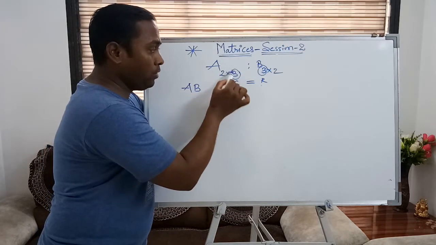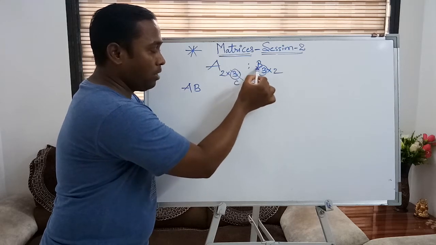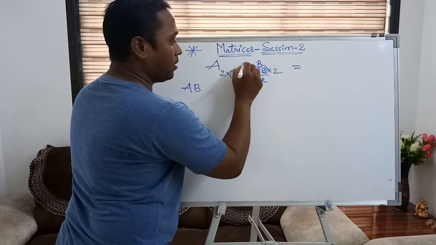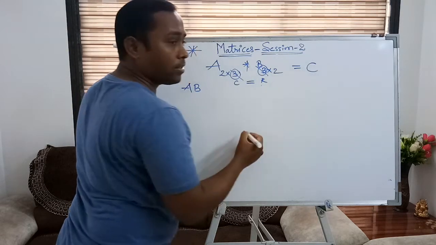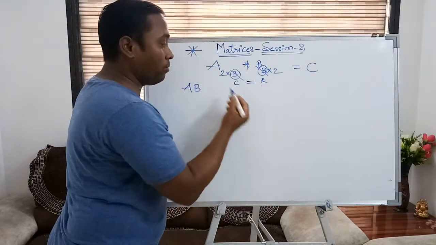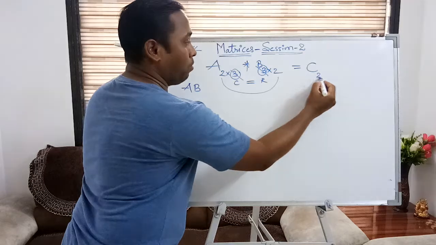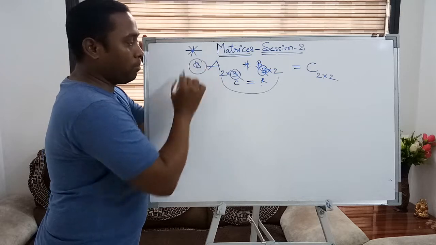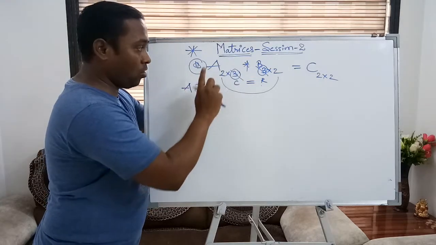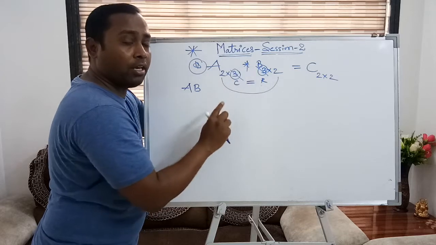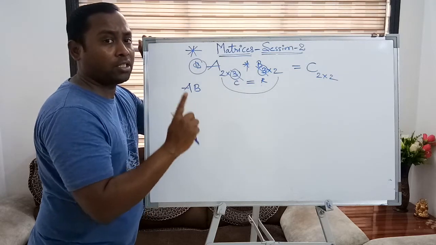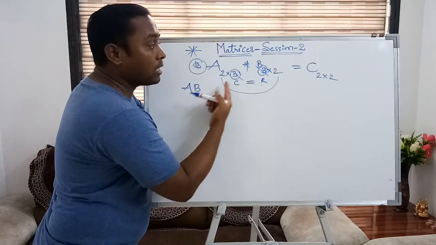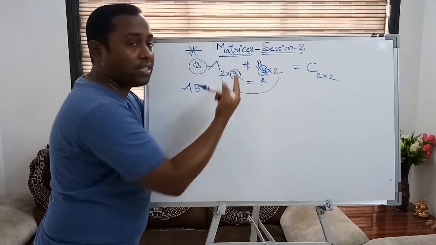So when I do this multiplication, the resultant matrix will be a new matrix, and its order will be the remaining parts, means 2 by 2. I repeat, if I want to do the multiplication of two matrices in the order A multiplied by B, the first and most important condition is that the number of columns of the first matrix is equal to the number of rows of the second matrix.